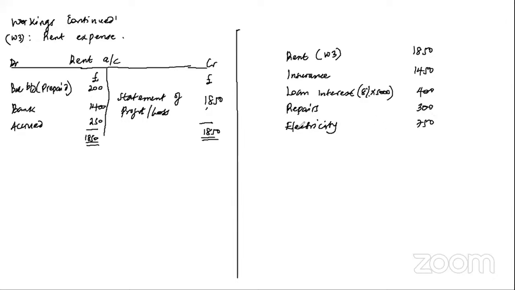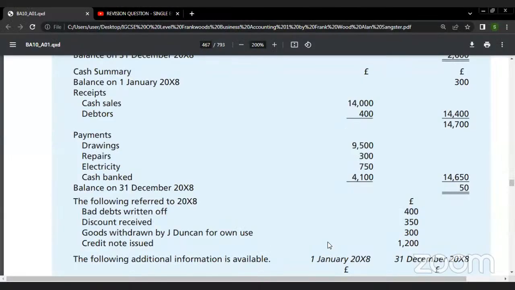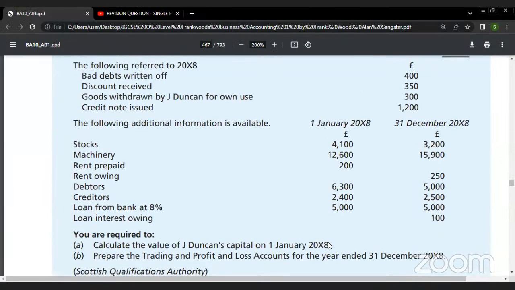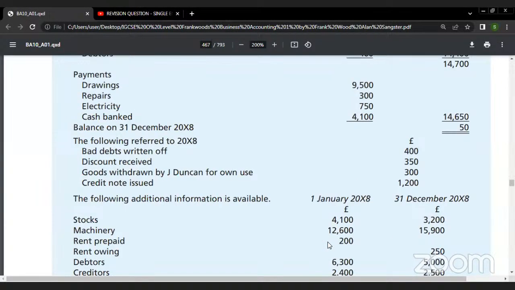Maybe depreciation, you can also compute depreciation. How can we get depreciation now? We don't have the depreciation policy of the company, but what you do is get the difference: the value of these assets at the end minus their value at the start.